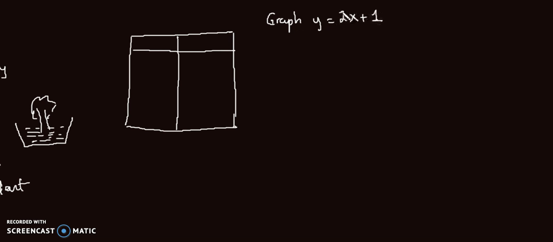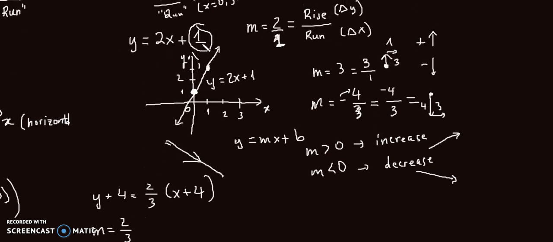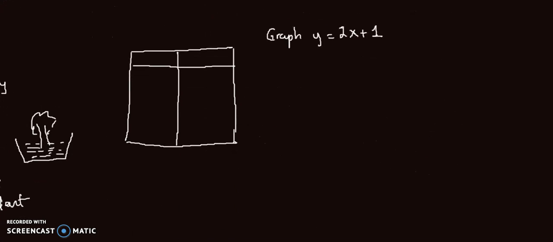Okay, so if you didn't know the other way, the quicker way to graph this function, using the y-intercept and then the slope, then the typical step would be you make a table of values, so x here and y here.